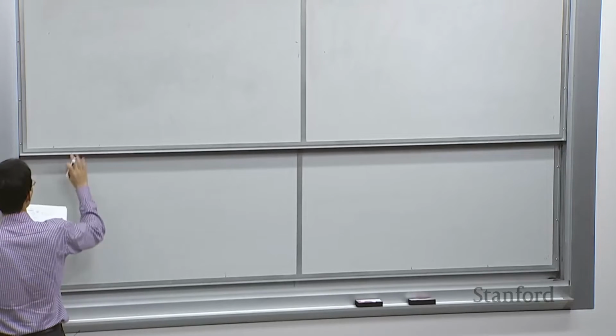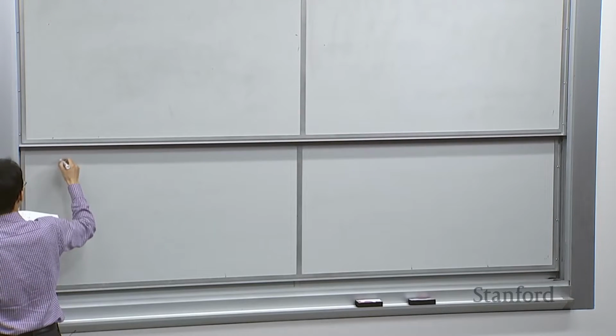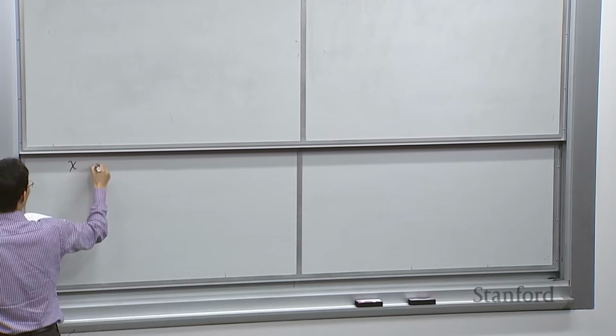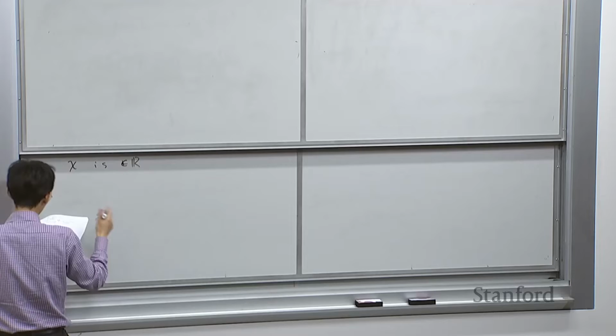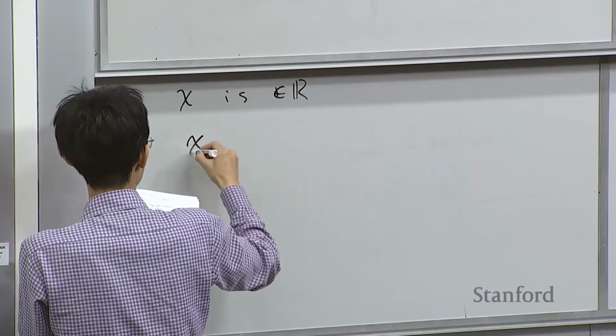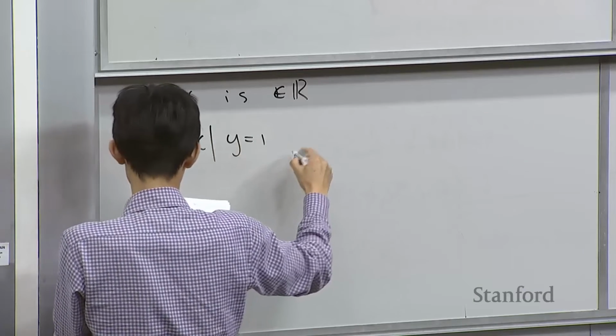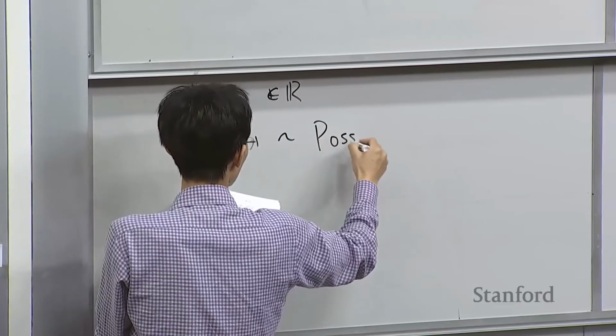Here I'm looking at one-dimensional x. It's not very important exactly. So suppose x given y is 1 is from the so-called Poisson distribution.